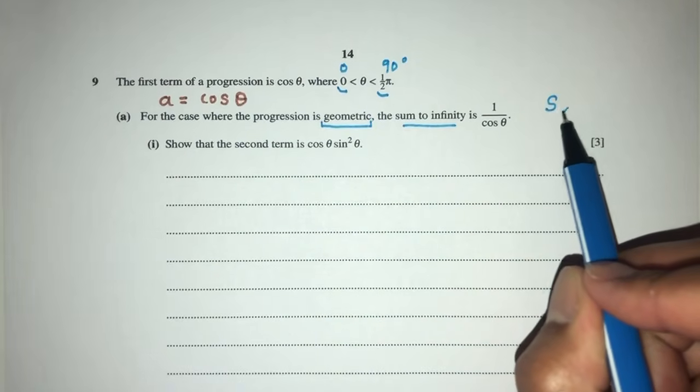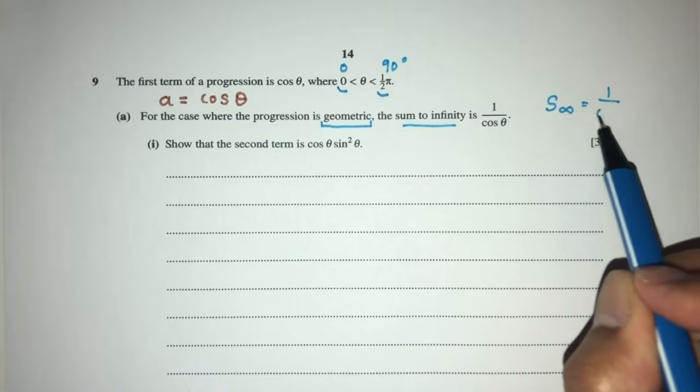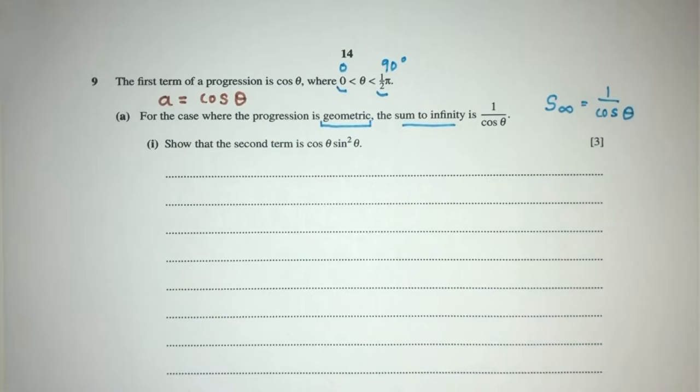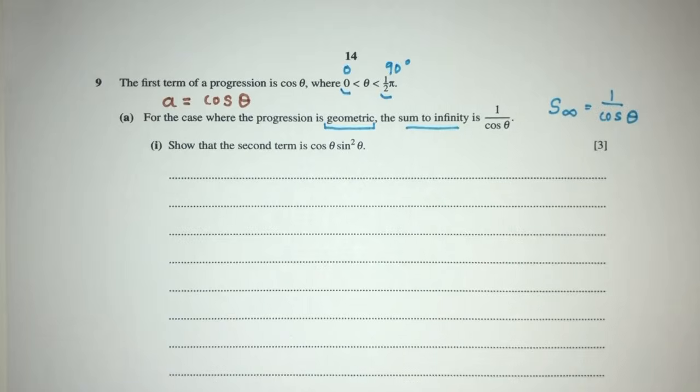So the sum to infinity is given by 1 over cos theta. Whenever we know the type of progression we have, let's first write down all the equations that we can use.